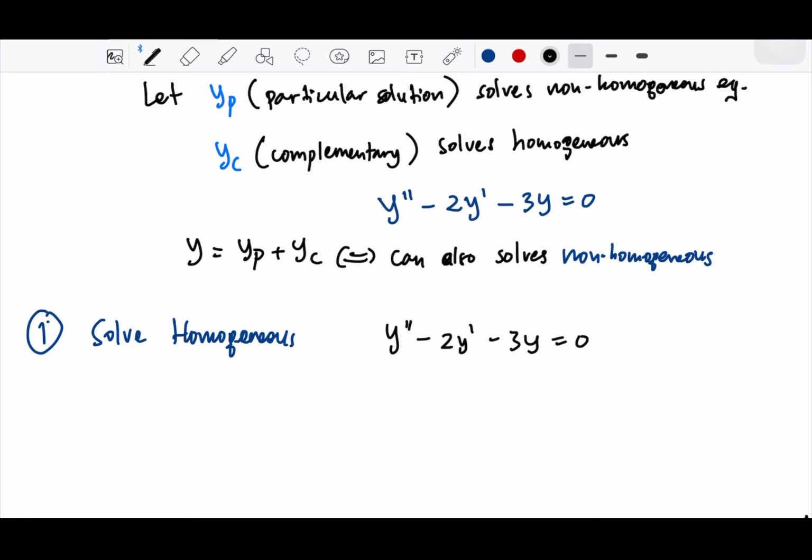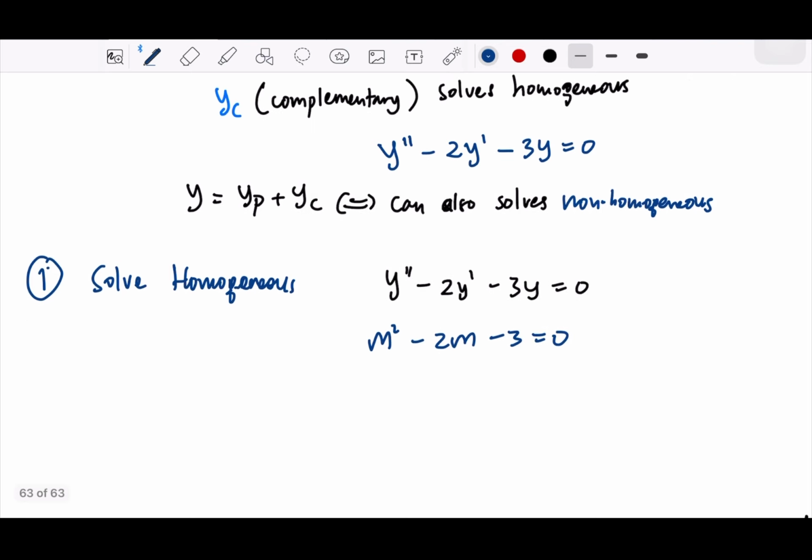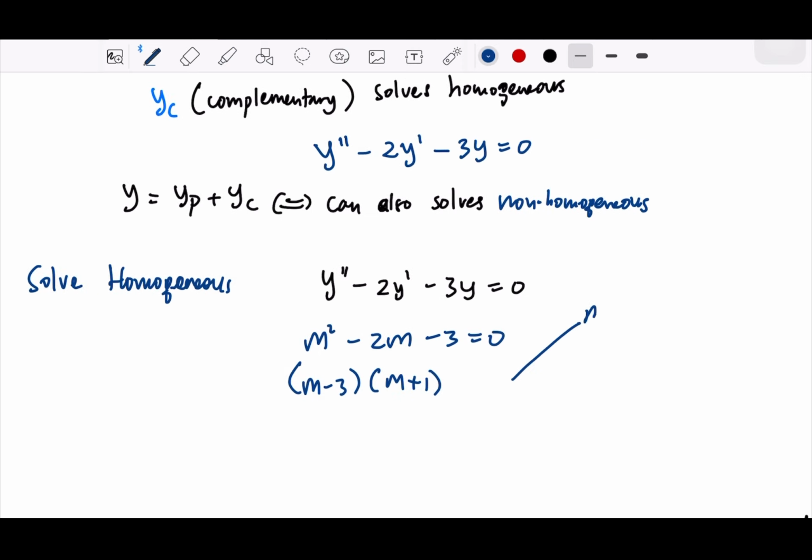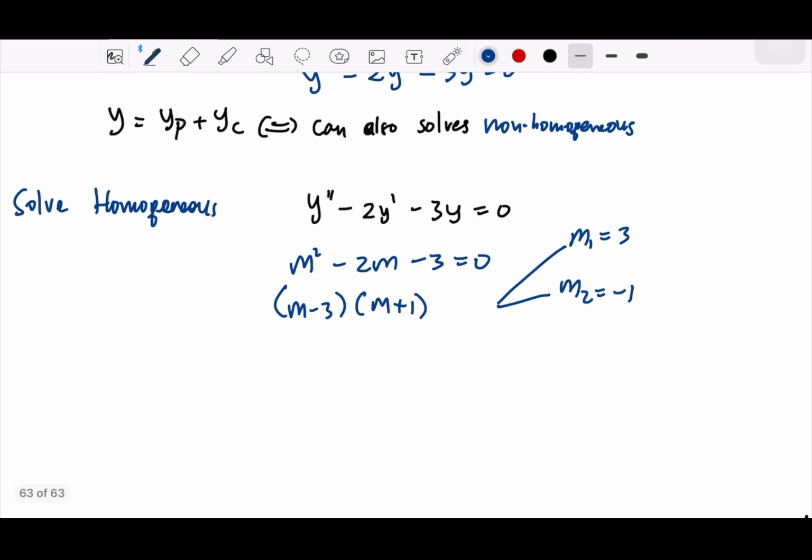So we take the auxiliary equation, and this is going to have m1 is 3, m2 is negative 1. So this is yc, okay? Yc is c1 e^(3t) plus c2 e^(negative t).